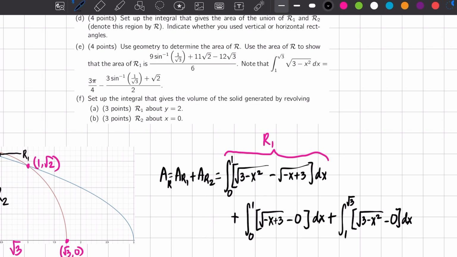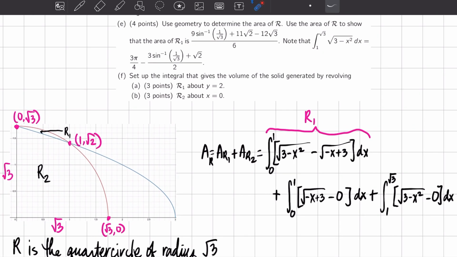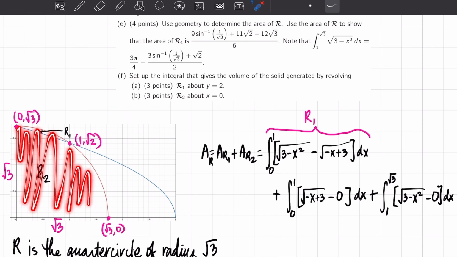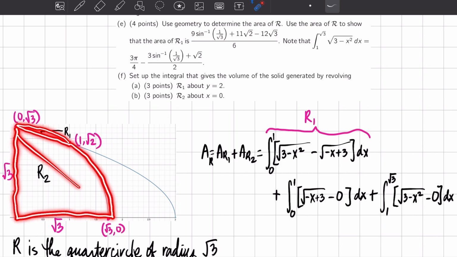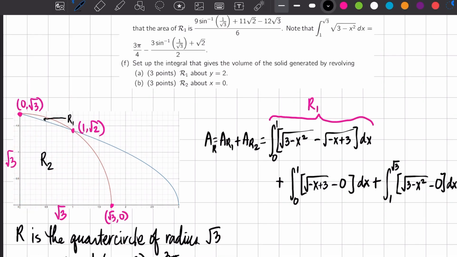So what we know is that the area of the entire R is just the area of R1 plus the area of R2. And so, if we want to obtain this area only, what we can do is obtain the area of the entire region, but we remove this one right here.